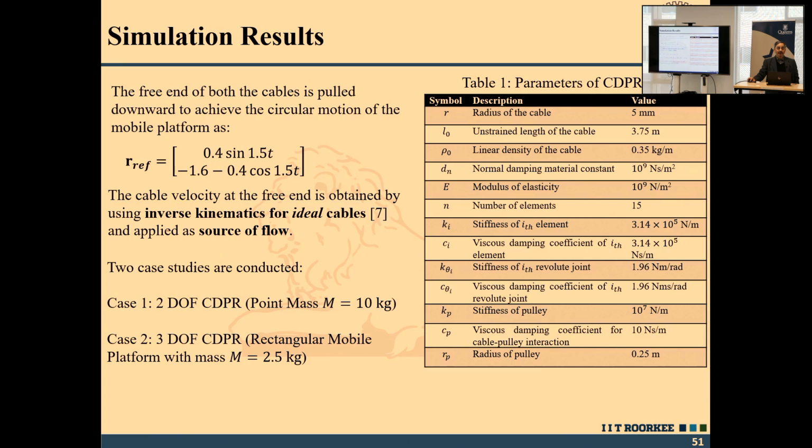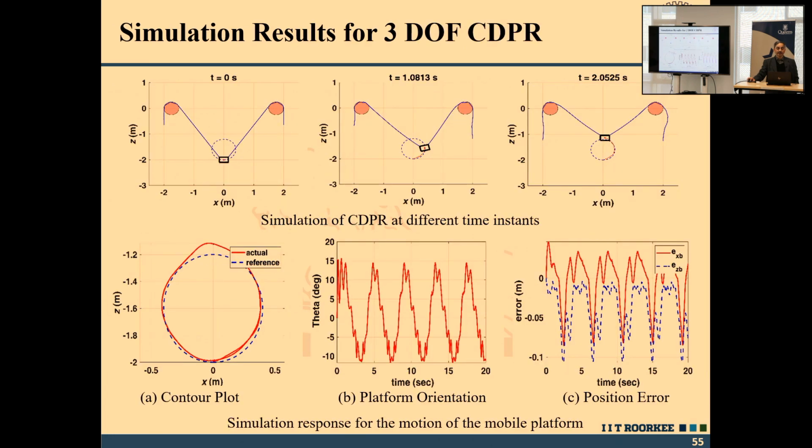We simulated two cases: a 2 degree of freedom cable driven parallel robot with a point mass of say 10 kg, and a 3 degree of freedom cable driven parallel robot with a rectangular mobile platform, because we wanted to consider the orientation also, with a mass of 2.5 kg. So, these are the results for the different time intervals.